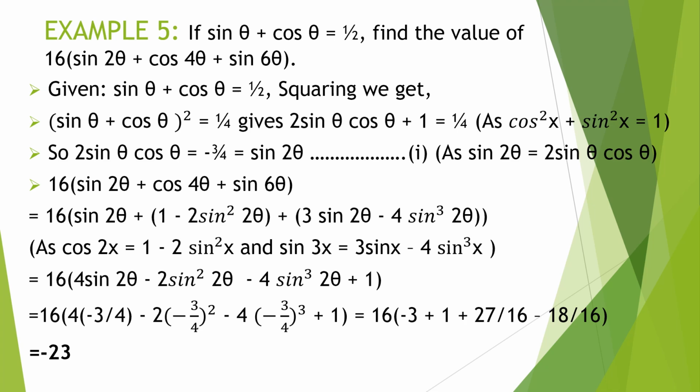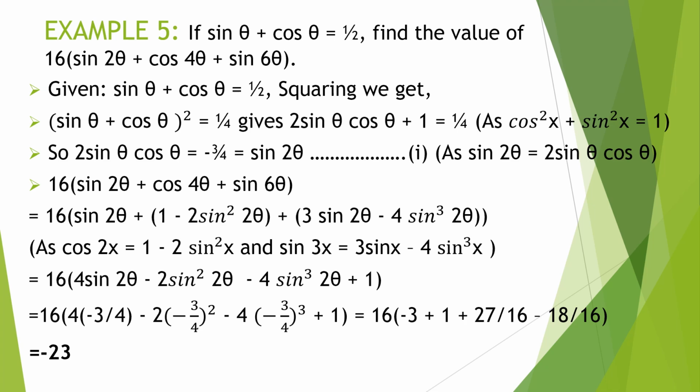What we need is 16 into sin 2 theta plus cos 4 theta plus sin 6 theta. Now since we have the value of sin 2 theta, we will try to convert the whole expression in the form of sin 2 theta. So now over here we have cos 2x is equal to 1 minus 2 sin square x. So cos 4 theta is equal to 1 minus 2 sin square 2 theta.